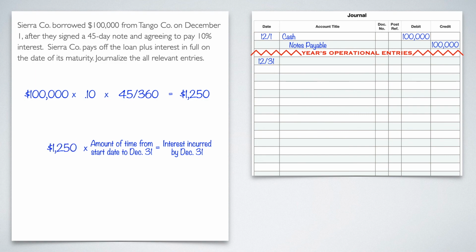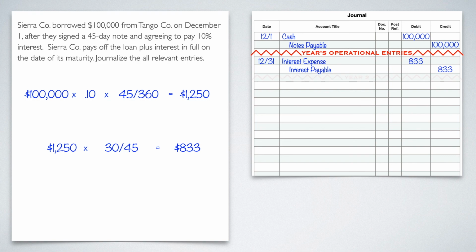If you break out your calculator and count December 2nd to December 31st, that'll give you 30 days. So we will do 30 divided by 45, because that's how much of it we've actually used. That will give me roughly 833. So we can go ahead and write that in our journal entry as interest expense of 833, and then interest payable of 833. All right, that takes care of the adjustment for the entries that we've incurred.